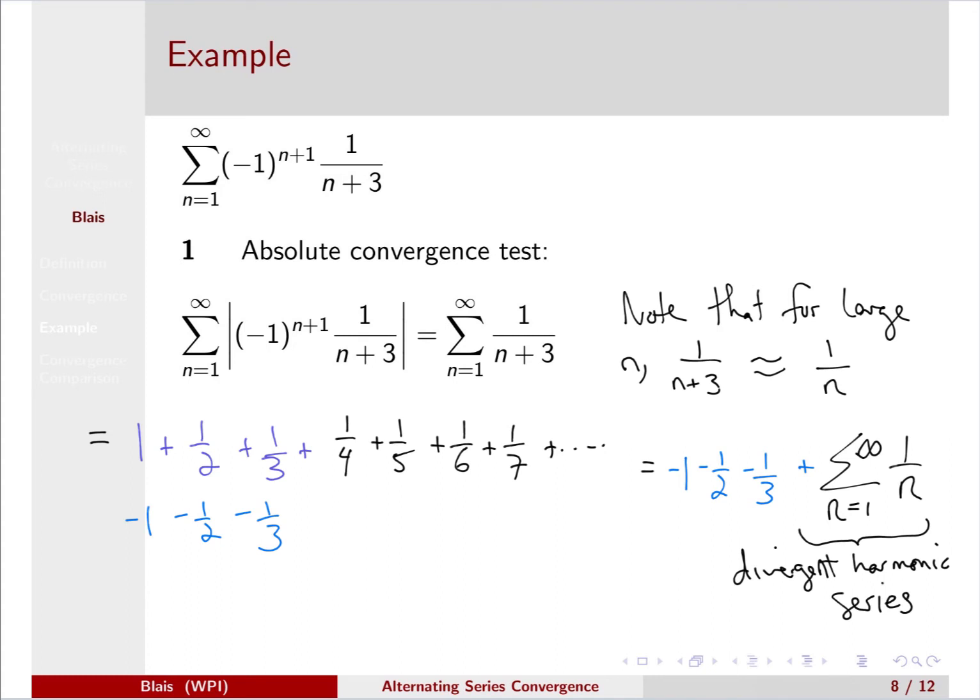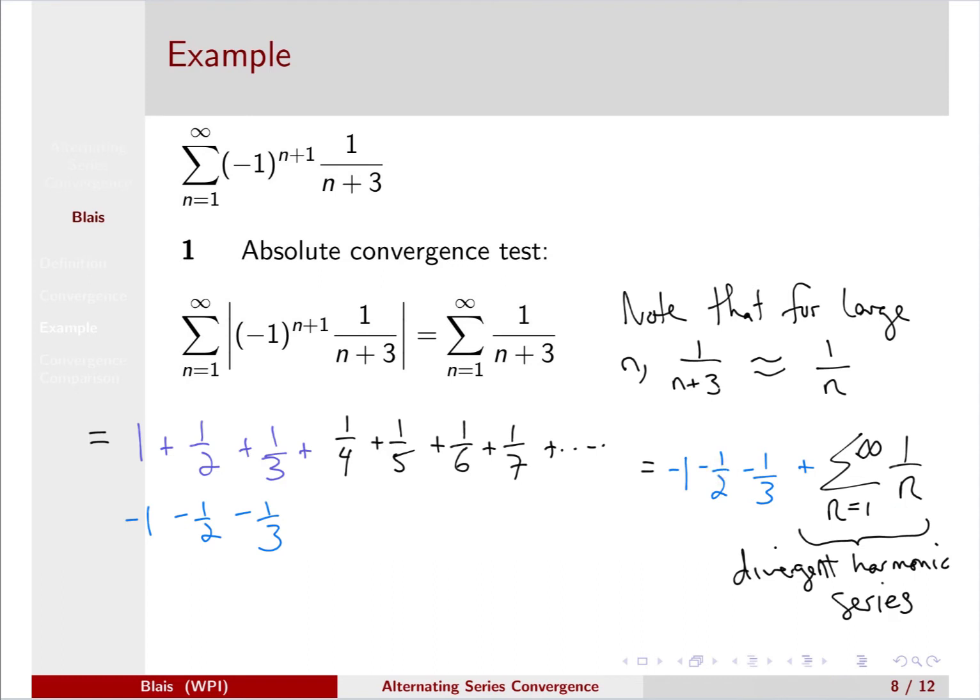And again, you could have used the direct comparison test with the harmonic series or the limit comparison test with the harmonic series. Both would work. Instead, here we just took this different approach where we rewrote this series as the divergent harmonic series plus a constant.